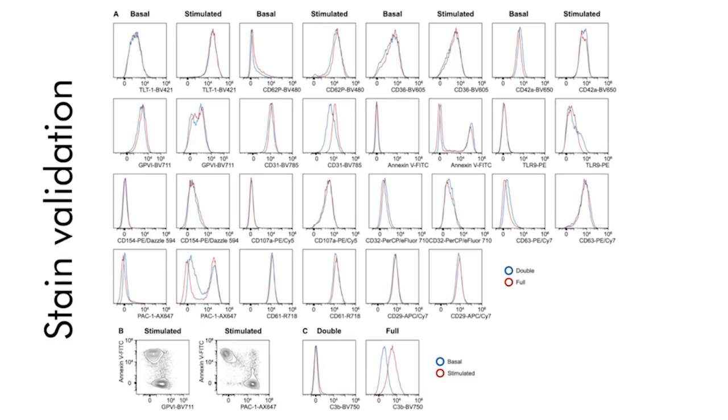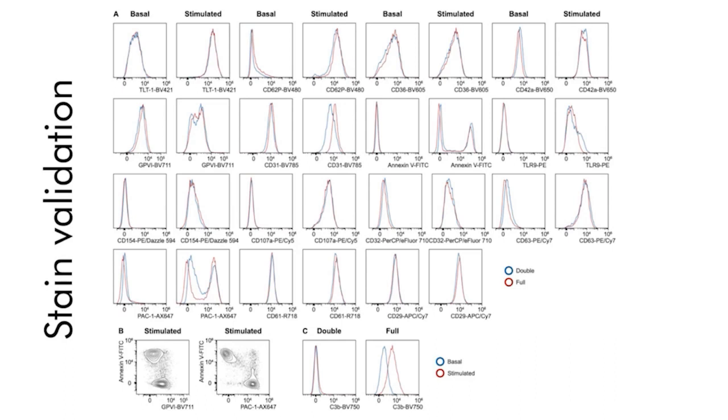This shows C3b only with basal blue and stimulated red samples overlaid for the double and full stains. We see no increase in C3b in the double stain, but we see an increase in the full stain.